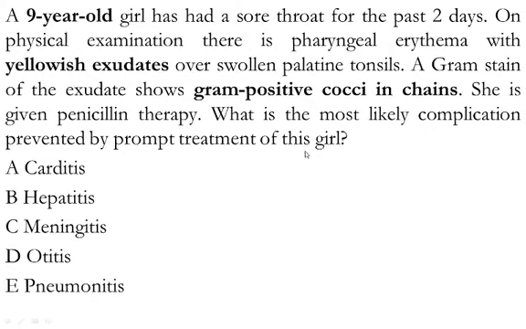You thought pneumonitis, but actually we have discussed rheumatic fever. Rheumatic fever, guys, girls, you see, is an autoimmune disease that can start 1 to 2 weeks after streptococcal infection.